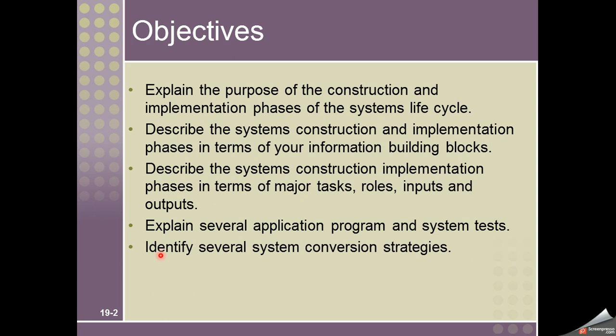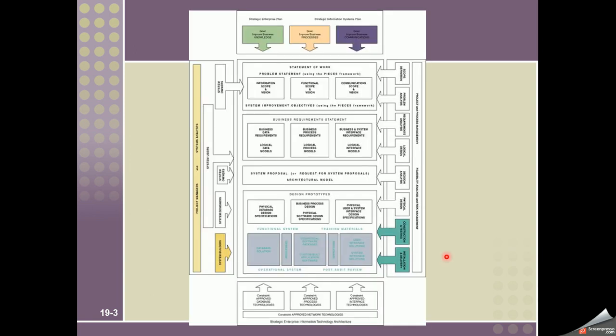And we'll also talk about different system conversion strategies. One of the challenges in system development is to convert from the old to the new system. We'll see what the different strategies are and what the pros and cons of each one of those strategies are.